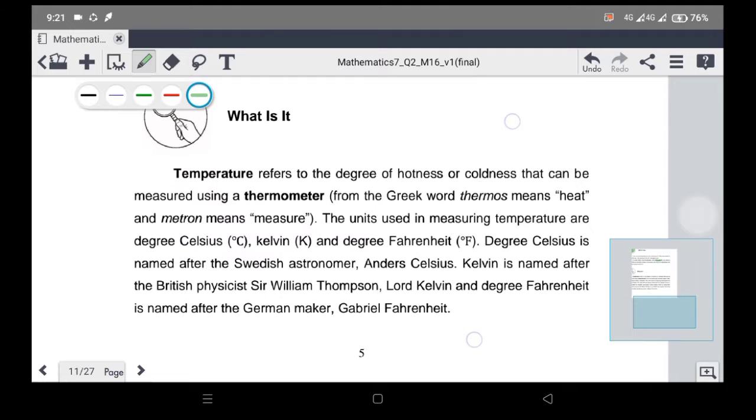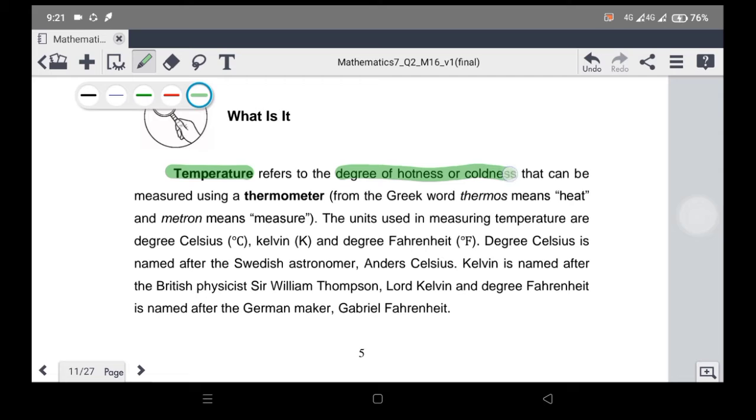Okay, we have here the definition of temperature. Temperature refers to the degree of hotness or coldness that can be measured using a thermometer. This one is the instrument used to measure the temperature. It comes from the Greek words thermos, meaning heat, and metron, meaning measure.